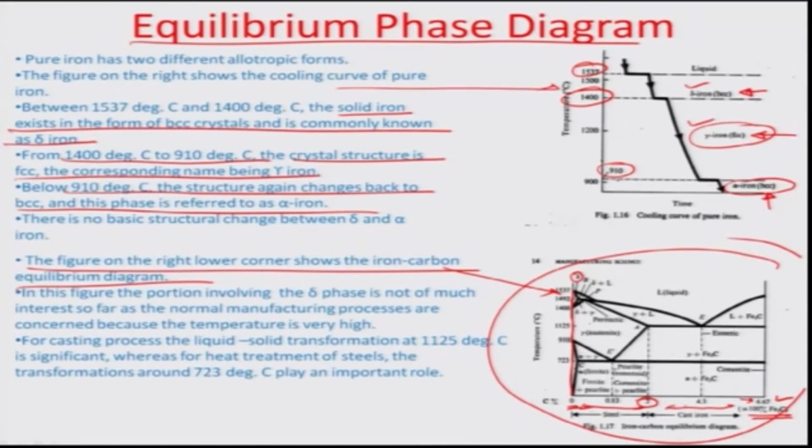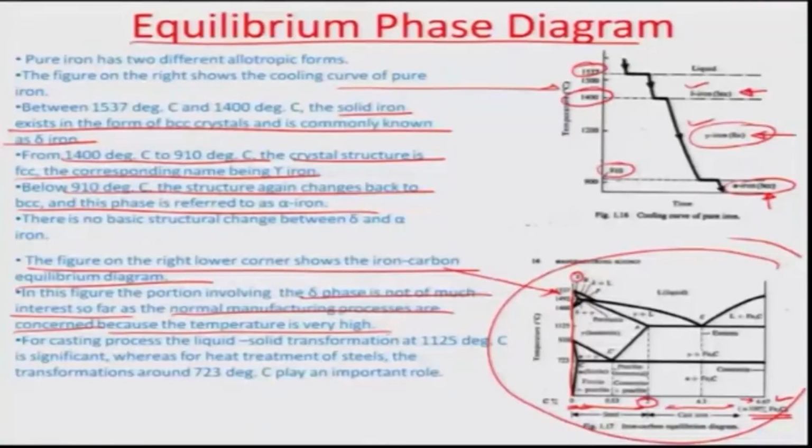Okay. So, in this figure the portion involving the delta phase is not of much interest so far as the normal manufacturing processes are concerned. Normally the manufacturing processes are more or less carried out in room temperature conditions, and the 1500 to 1400 range is quite a high temperature range, and normally the engineering materials which are used do not get used in this particular high range of temperature.